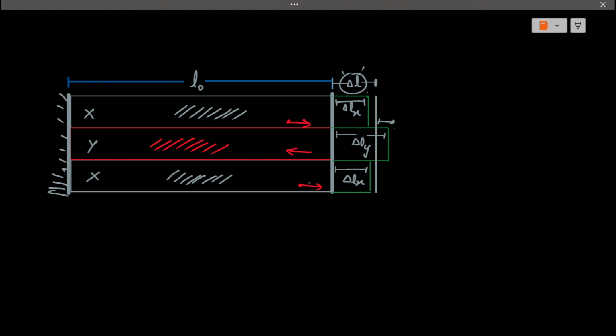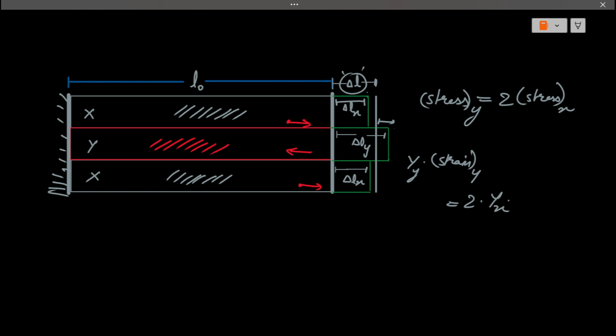So we know that the stress for Y has to be equal to 2 times the stress for X, since we have two rods of X. Now the stress is the Young's modulus of Y times the strain of Y, and that will be 2 times the Young's modulus for X times the strain for X.